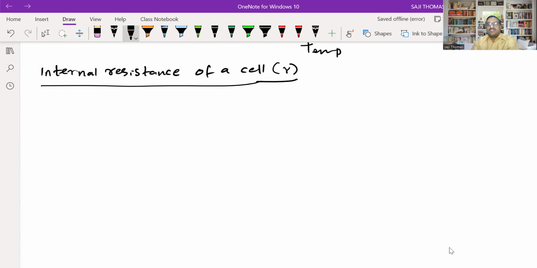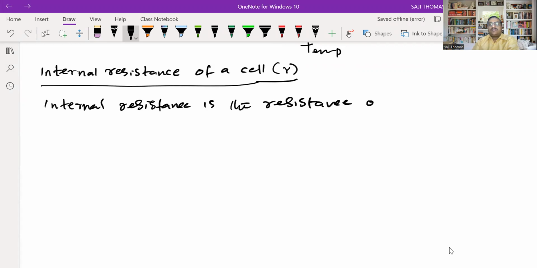When electrons pass through the electrolyte of the cell, the electrolyte offers a resistance to the flow of current. This resistance offered by the electrolyte is known as internal resistance. Internal resistance is the resistance offered by the electrolyte to the flow of current.